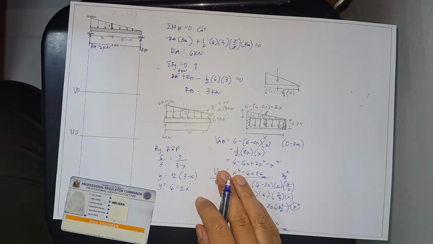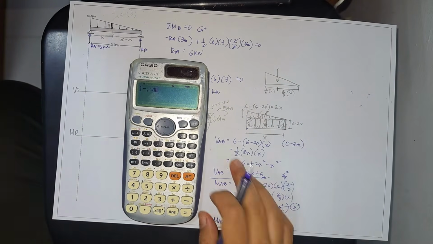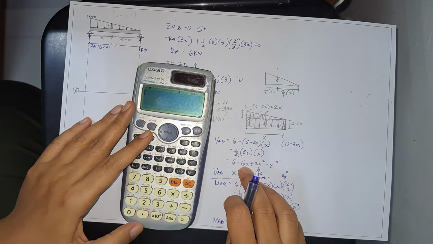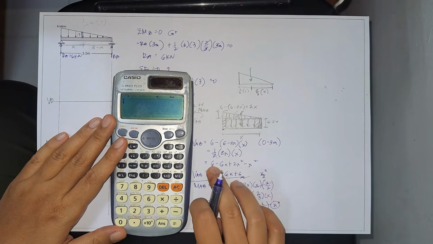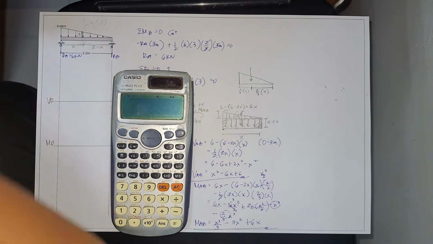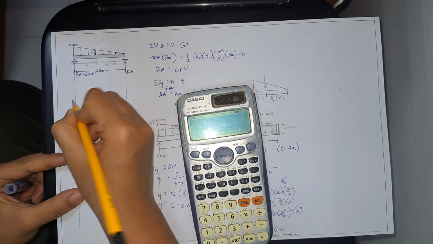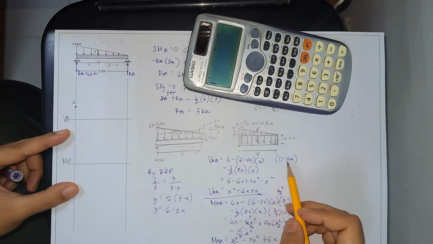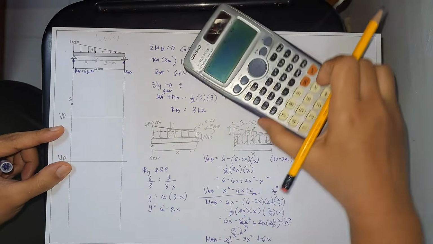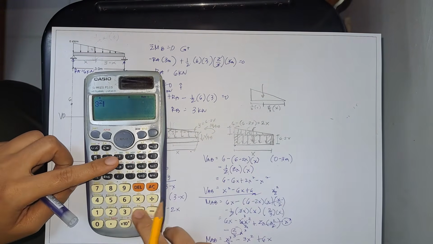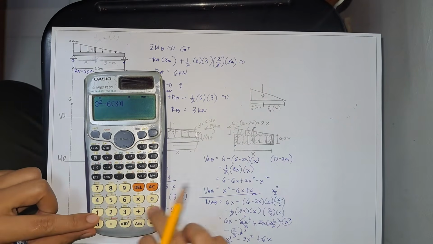So at point A, substitute lang natin yung x with 0. So we are left with 6. Okay, 6. Positive, sa taas. And then next one, for point B, substitute x with 3. So we have here 3 squared minus 6 of 3. Tama.